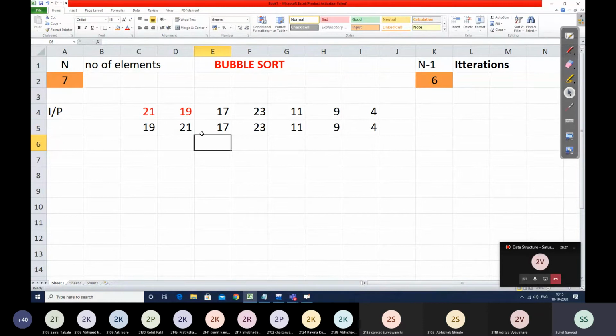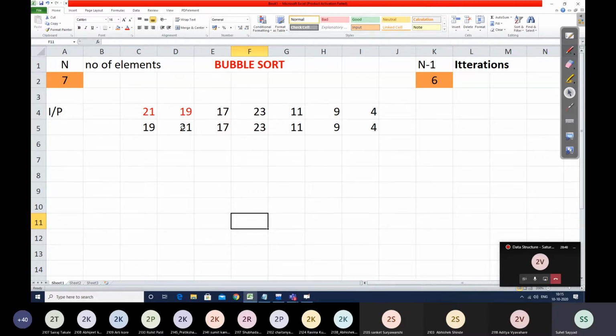Did you understand, students? What I have marked in red color is the comparison. I am comparing 21 with 19. Whether 21 is greater than 19? Yes. If yes, then the swap will happen. Are you getting this, students?